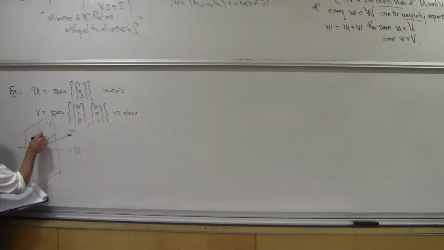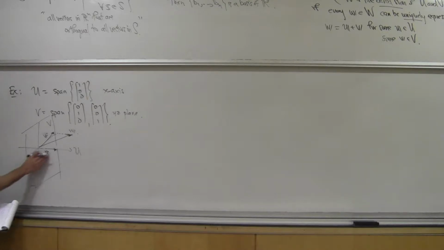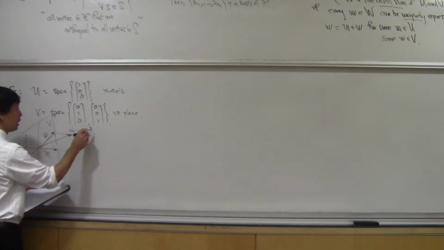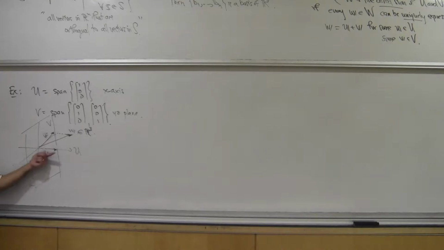I can break it up into somebody in V and somebody in U. So anybody in R3 can be expressed as somebody in V plus somebody in U, and there's only one way to do it.